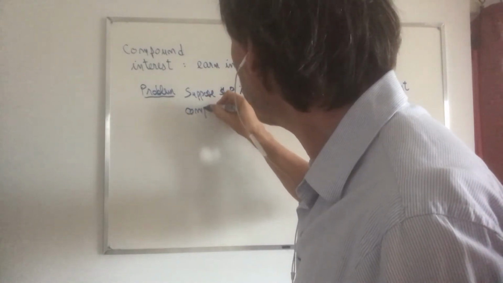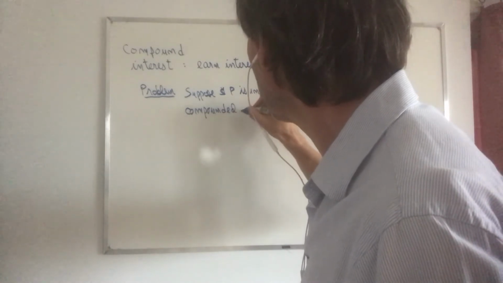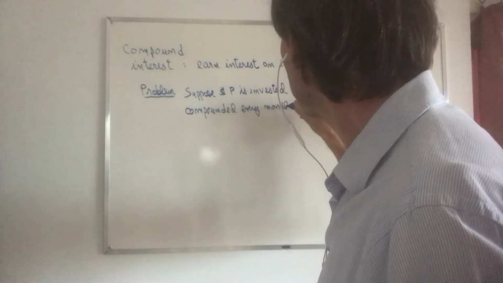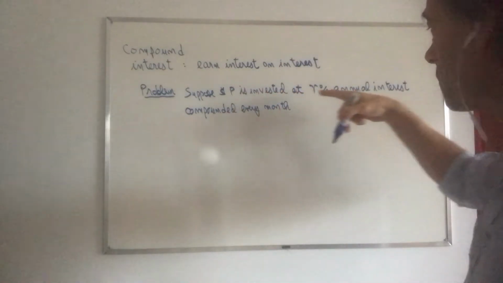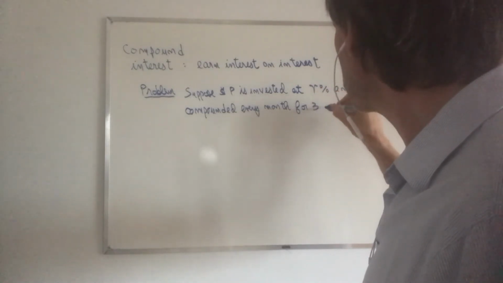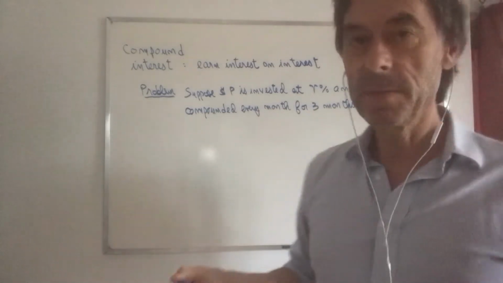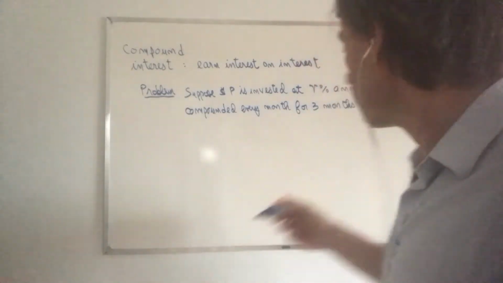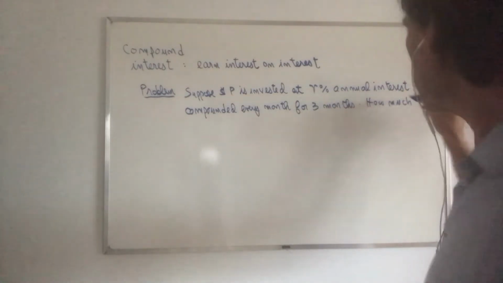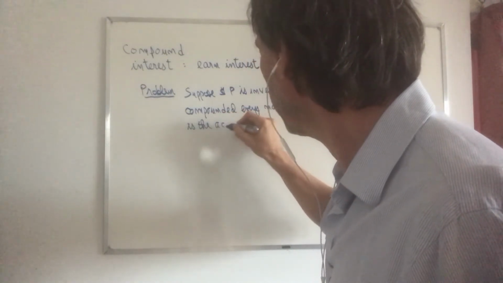Compounded, so we need to know when is the interest given to you. So compounded, something pretty common, every month. So suppose P dollars is invested at R% compounded every month for 3 months. Let's leave the money in the bank for 3 months. How much do you have after 3 months? How much is in the account after 3 months?